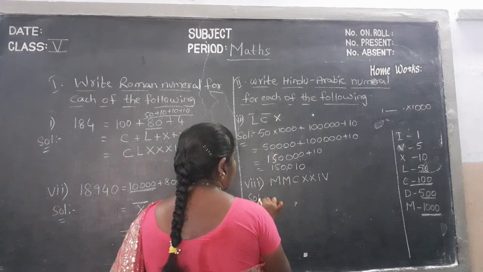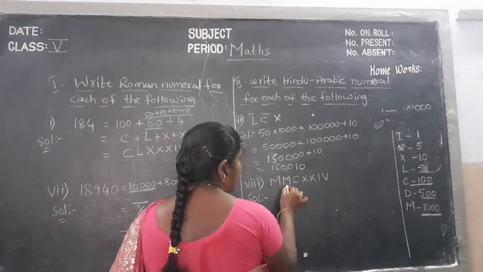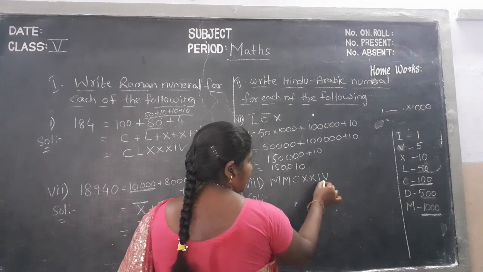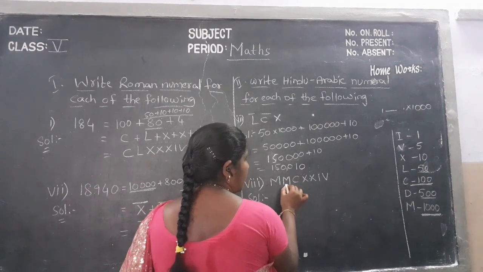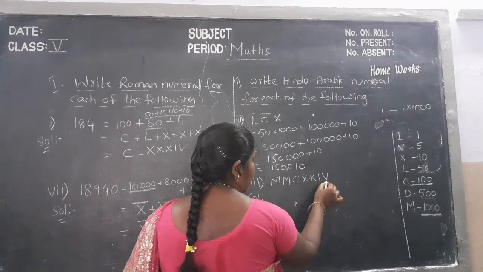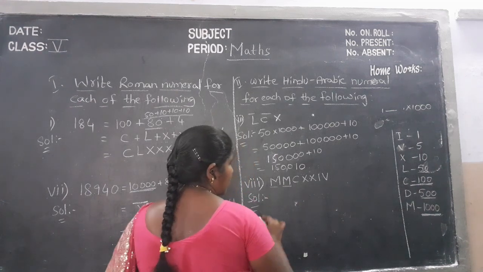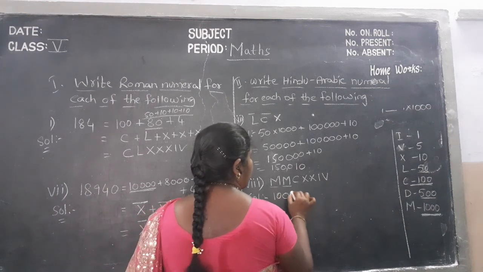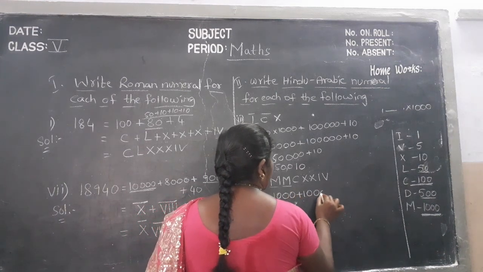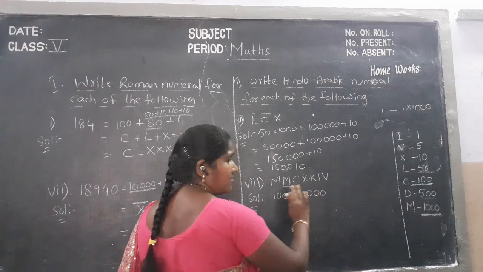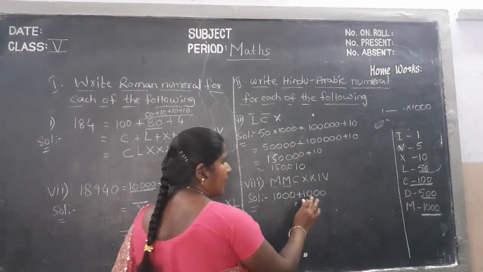Next one, children, what is the given Roman numeral? MMCXXIV. What is that, children? See children, MM means 1000 plus 1000. Here we have all the Roman numerals on the right side only, that means we should add here.